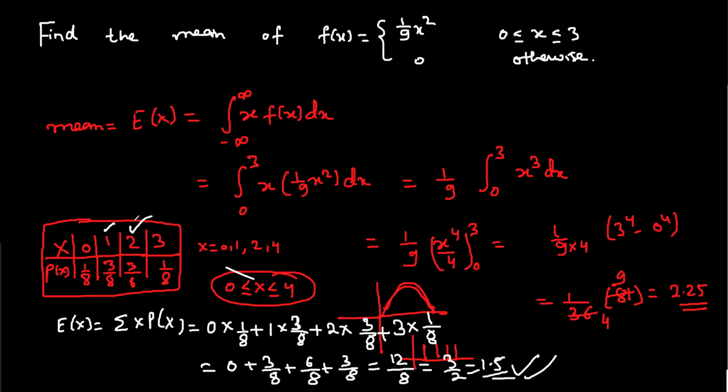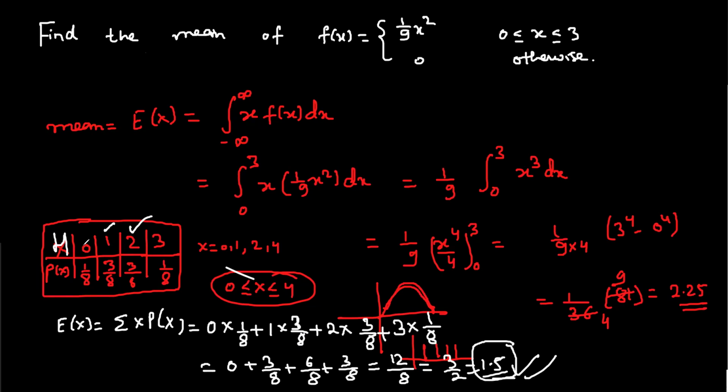It means that on an average, you will get 1.5 heads when you throw 3 coins, because this is the number of heads. Out of three, we are getting on an average 1.5.